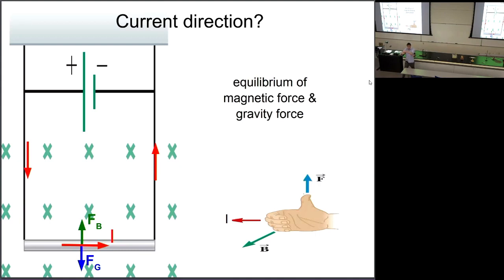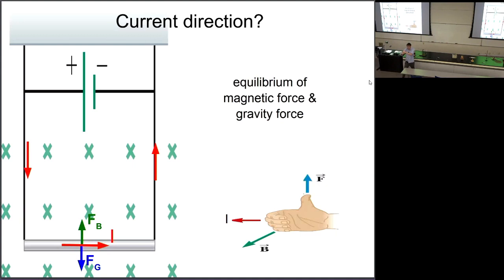My thumb then points in the direction of the magnetic force. And so with a current that's going left to right, which is what I pictured on the screen, with a field that's going in towards the screen, I do indeed get an upward force. So this current left to right does give the upwards force to balance gravity.